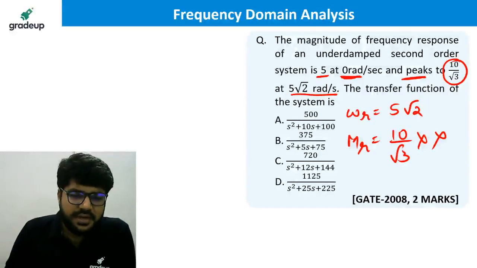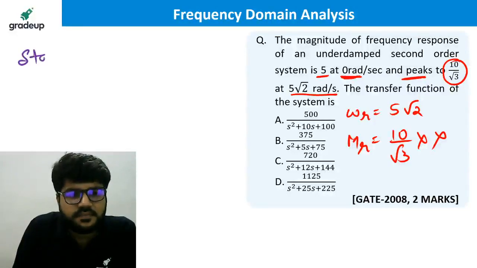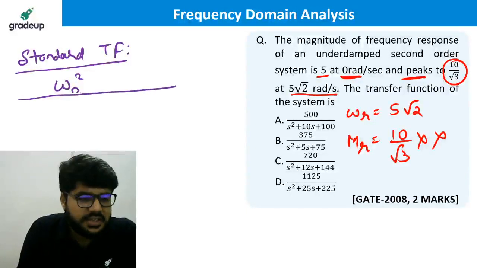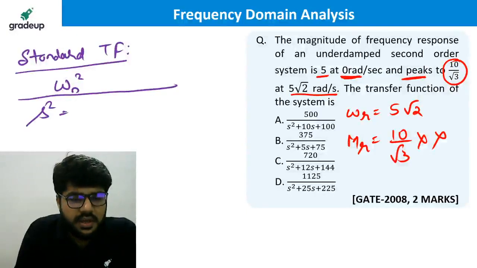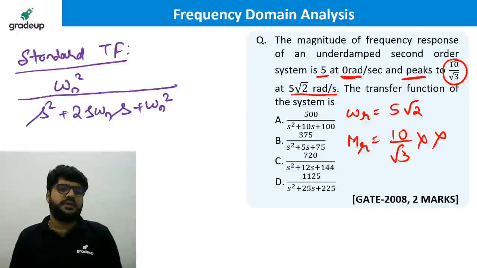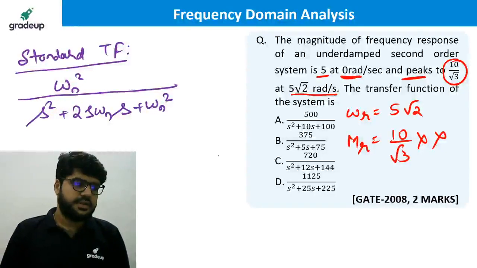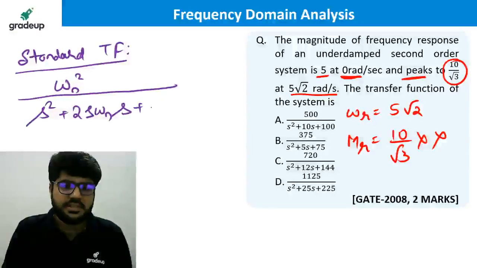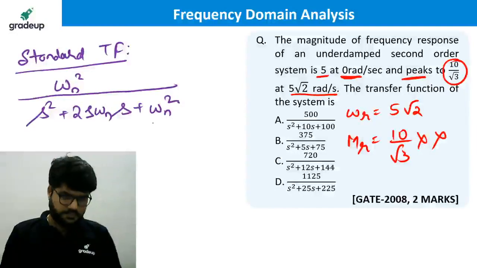Then you start calculating. What is the standard transfer function for which we have done the derivation? It is omega n square upon s square plus 2 zeta omega n s plus omega n square. Correct?